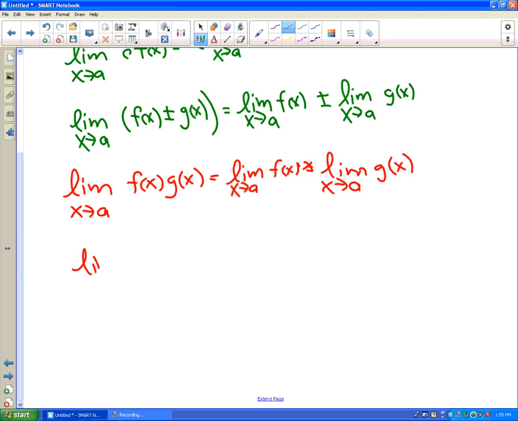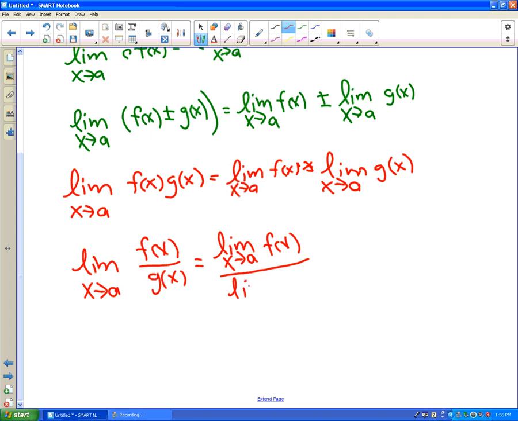And then the last one, besides multiplying, we also have to talk about the possibility of dividing two functions, which is pretty much what we had in that example on the other page. f of x over g of x is going to equal the limit of f of x divided by the limit as x approaches a of g of x, but with one caution.